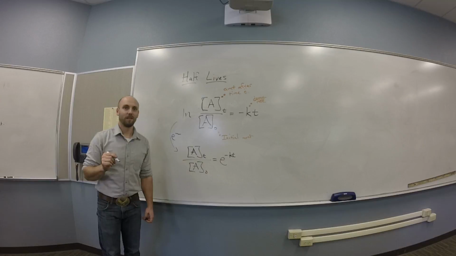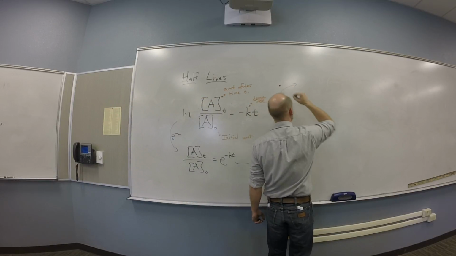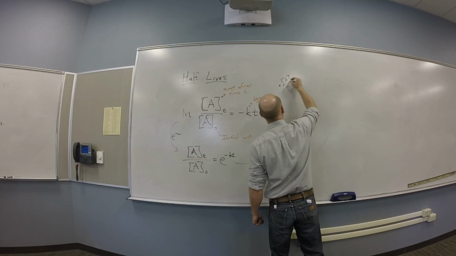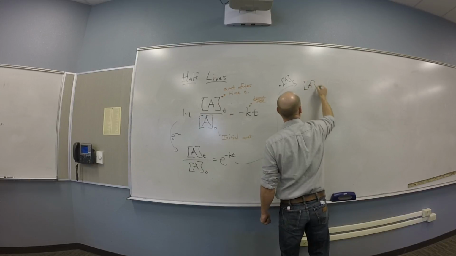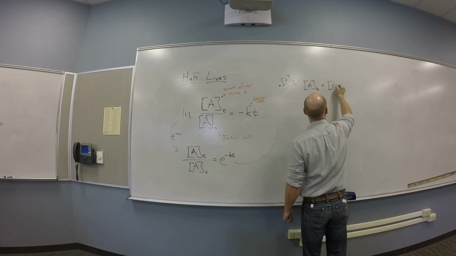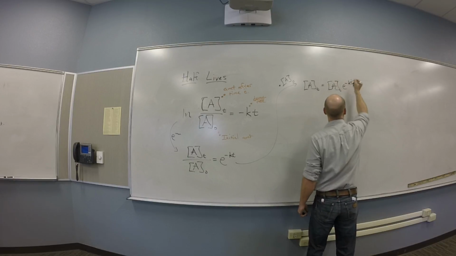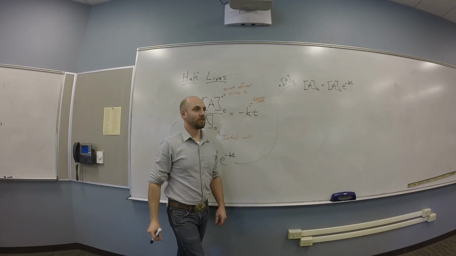Then I multiply both sides by A naught, the amount of A at time 0, and I get the amount of A at time t is the amount of A at time 0 times e to the minus kt. That's your exponential function.